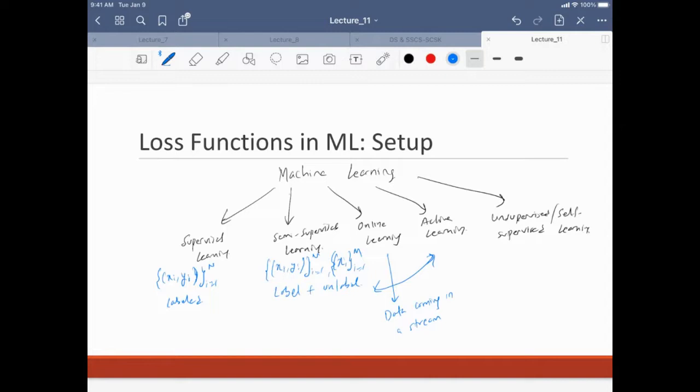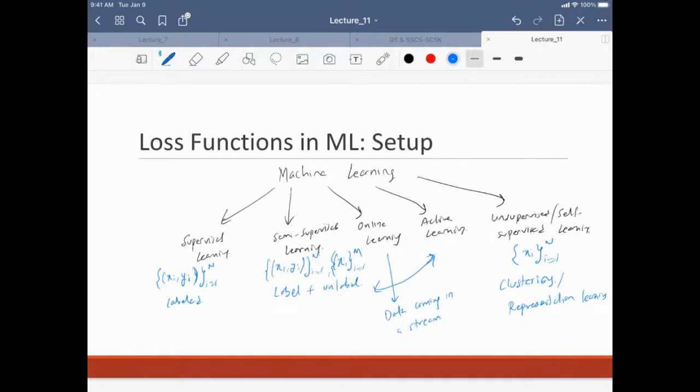Then there's the other extreme, unsupervised learning, where everything is unlabeled. Here you either want to learn clusters, with some kind of clustering task, or it is a representation learning task. What I mean by representation learning is that you're trying to learn features.